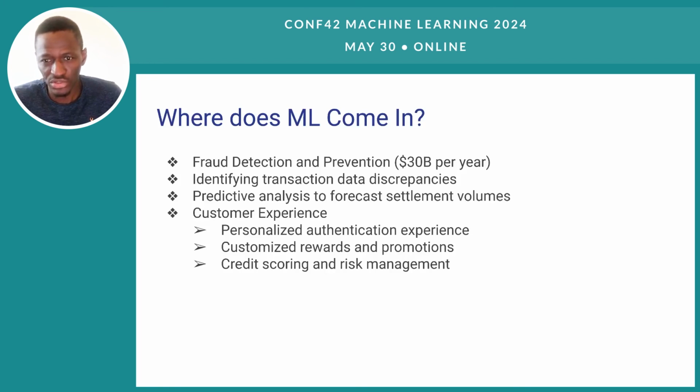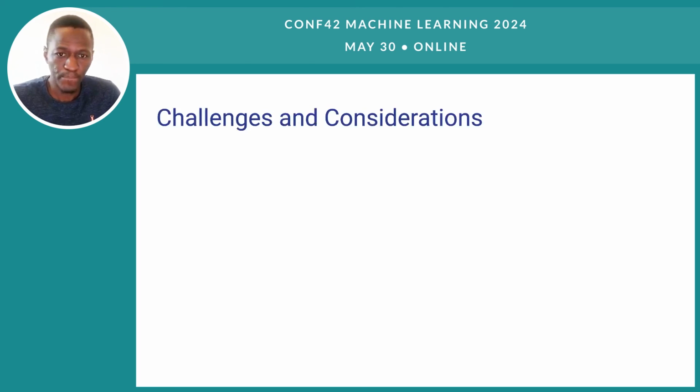Of course, machine learning is used in a lot more places in payments, but the list will go on and on. But there are still several challenges, because I'm not sure if there were some bells ringing when I was mentioning the last set of use cases, which involve things around customer data, right?